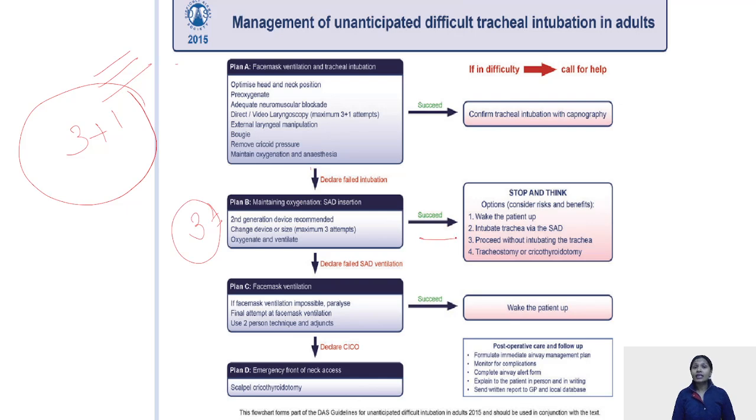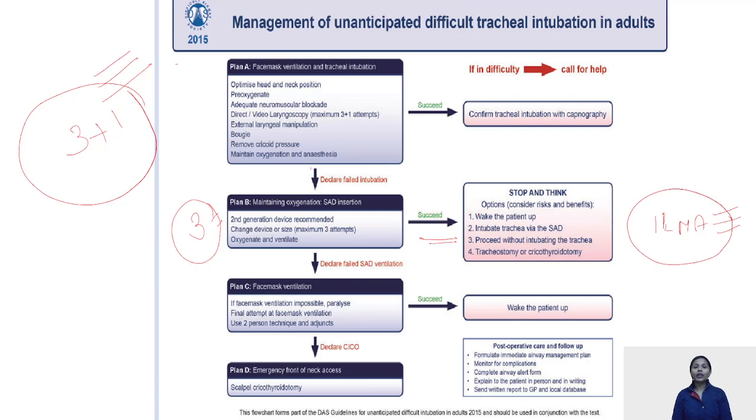If you succeed in inserting a supraglottic airway device, please stop and think: can the surgery be conducted with a supraglottic airway device? If yes, then proceed with the surgery. Second, if not, then wake the patient up. Thirdly, if you have inserted a supraglottic airway device like a fastrack or intubating laryngeal mask airway, through these devices endotracheal intubation is possible.